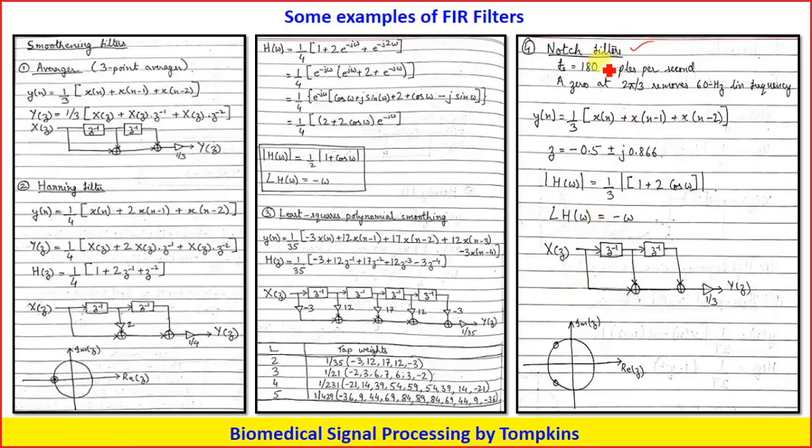Now if you look over here, in this case, if you look into the equation, y[n] is equal to 1 by 3 times x[n] plus x[n minus 1] plus x[n minus 2]. Now you'd say, sir, we have discussed this filter as the 3-point averager filter.